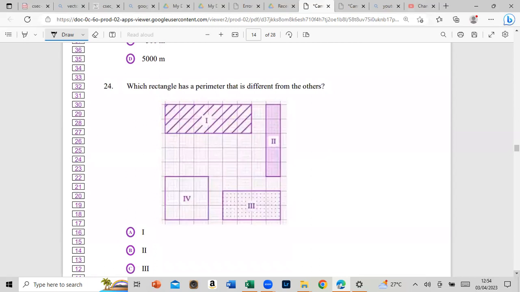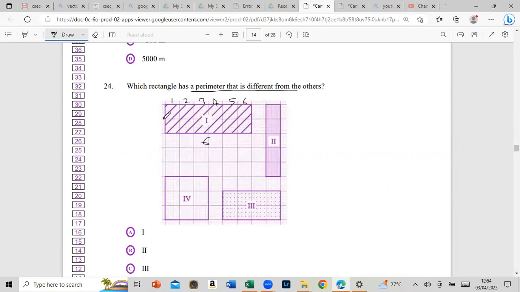24, which rectangle has a perimeter that is different from the others? Notice it says perimeter, so it's the total distance around. So what we do is find the perimeter for each. So we have 1, 2, 3, 4, 5, 6. So this side would be 6 also.